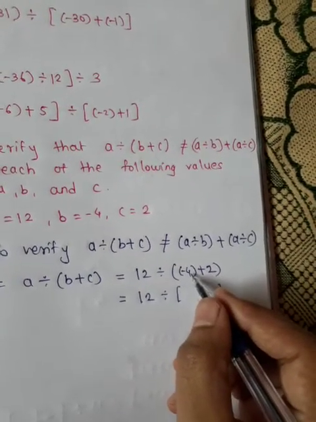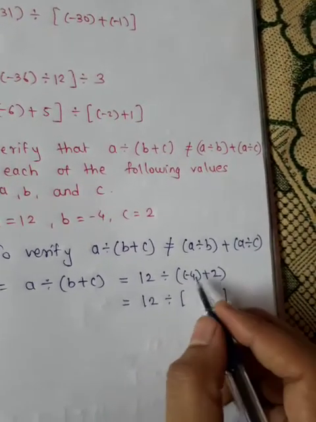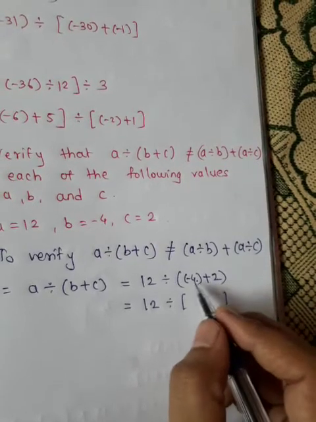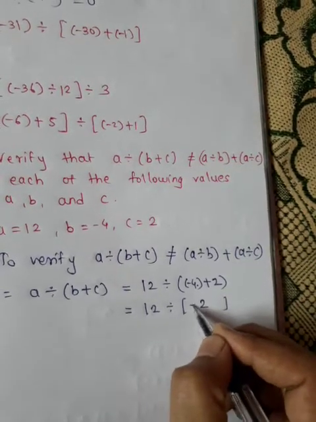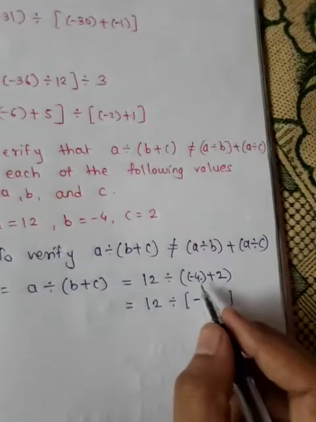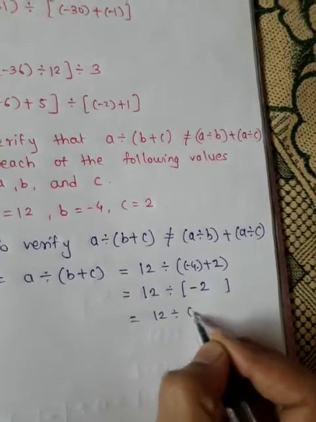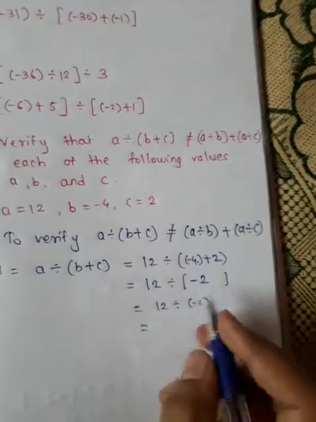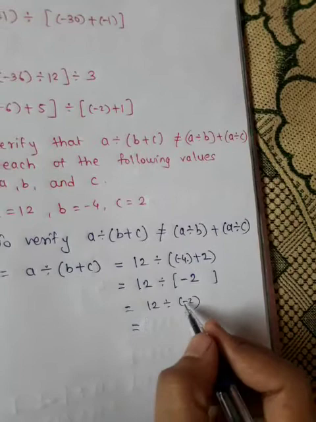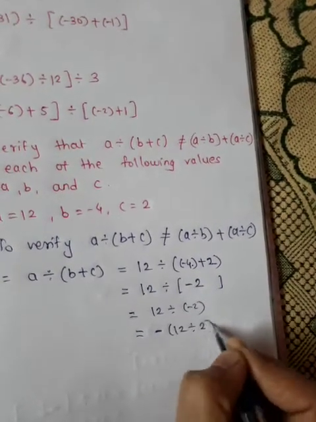So subtraction of 4 and 2 is 2, and then we give the sign of the bigger number. So here 4 is the bigger number, so the sign of 4 is minus, so we get minus 4 plus 2 is equal to minus 2, that is 12 divided by minus 2. And you know how to divide a positive integer by a negative: take the negative sign outside and divide them as whole numbers.